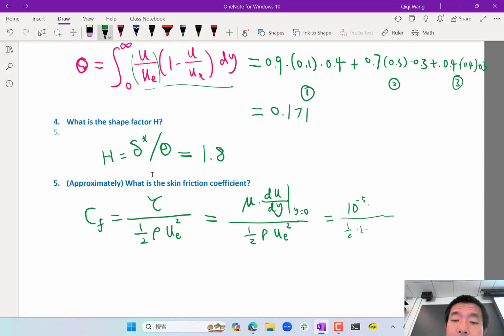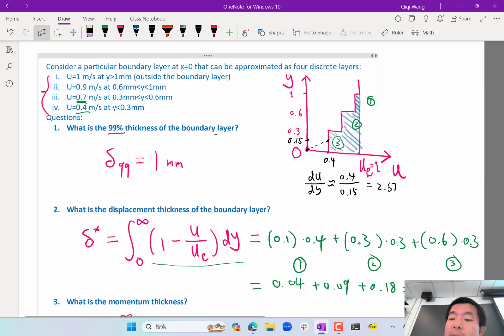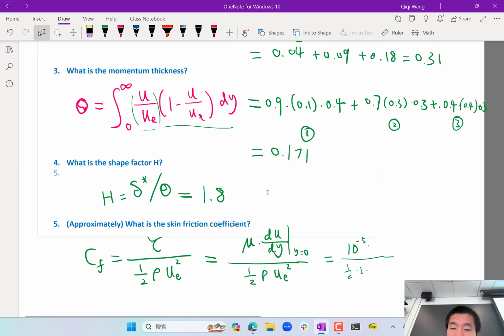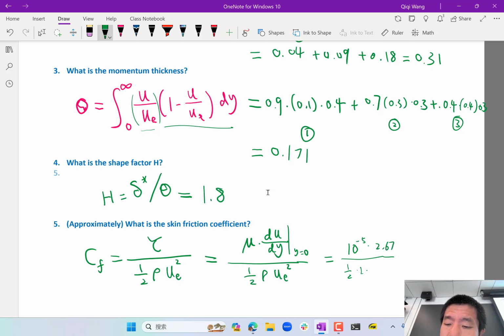The du/dy has units of meters per second over 0.15 millimeter, so it's actually times 10 to the 3, because the millimeter converted to meters adds 10 to the 3, 1 over a second. Plugged in, we get 2.67 times 10 to the 3.